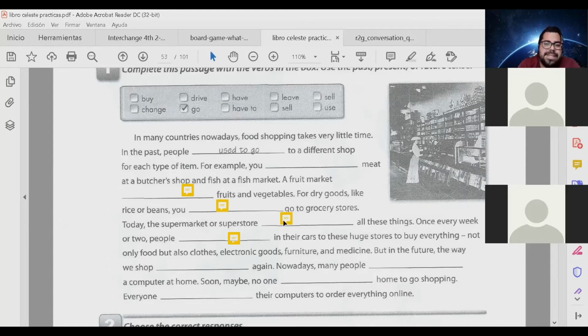What about, guys, this one? This one is correct, right? But what about this one? Today, the supermarket or superstores leave all these things. Leave is dejan.